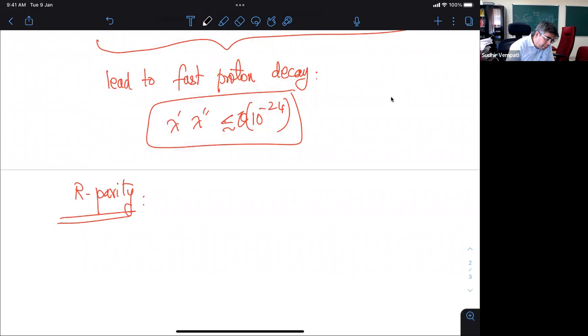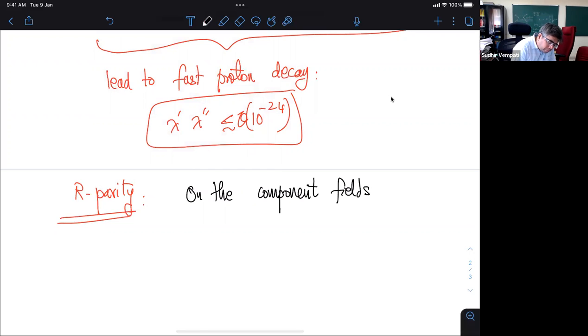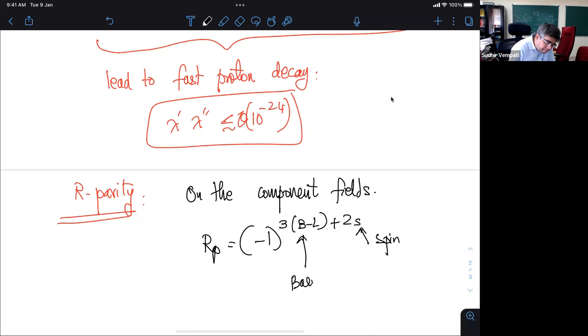R parity is defined on the component fields, such that Rp is equal to (-1) to the power 3(B minus L) plus 2S. S is the spin, B is the baryon number, and L is the lepton number.